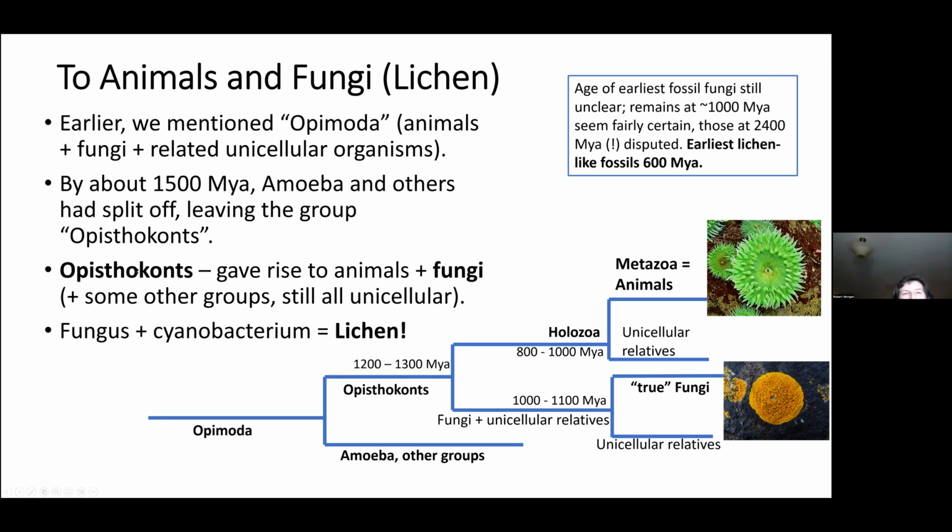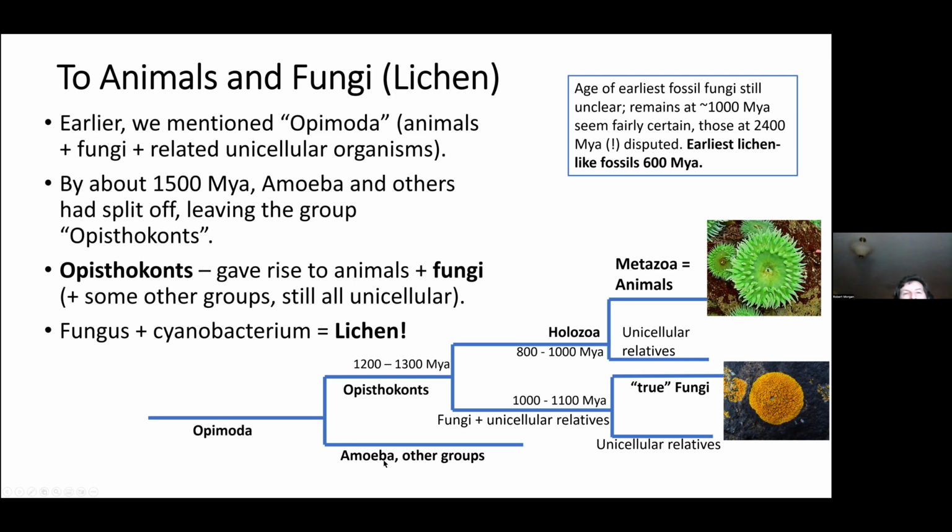So yeah, the group, this obscurely named group Opimoda that we saw in one of the previous diagrams, gave rise to amoeba on one branch, again a huge amount of time ago.